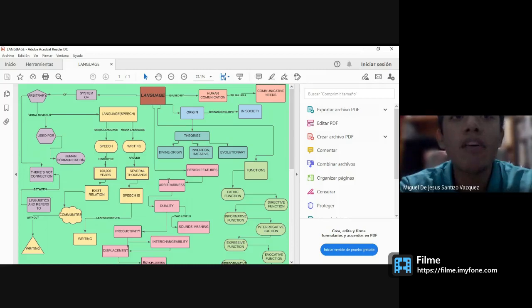A directive function refers to getting the hearer to do something. For example, Mom, please wash my clothes, please. It means that you want someone to do something for you.